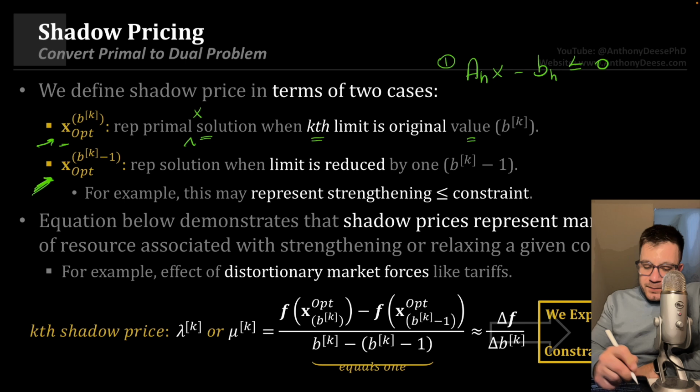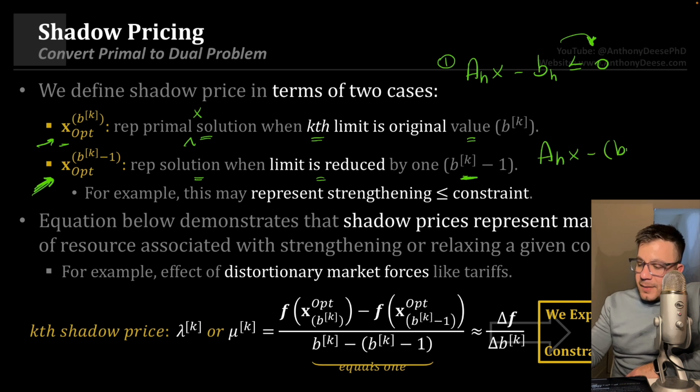The second case represents the solution when that limit is reduced by 1. Now when we talk about reduced by 1, it's on the other side of the inequality. So I'm actually going to write that as A sub h x minus b sub h minus 1, which ends up being a plus 1, is less than or equal to 0. So here is our original offset or original constant value in our inequality constraint, and here's what it looks like when the limit is reduced or strengthened by a value of 1.